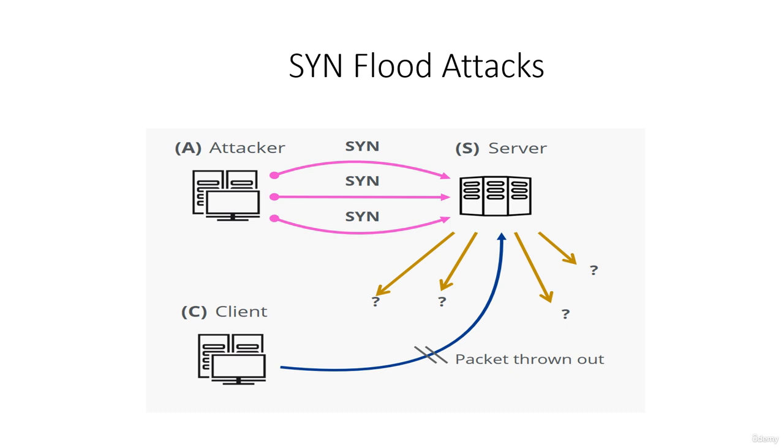The target is sitting there waiting for a response from machine 1, but it never gets one, and it doesn't know if it's network latency, so it could just take a while for the response to come back.